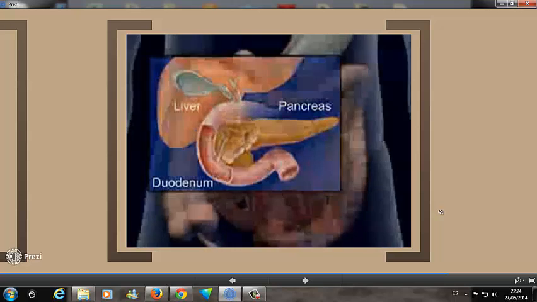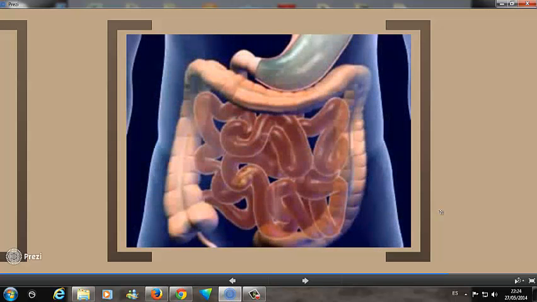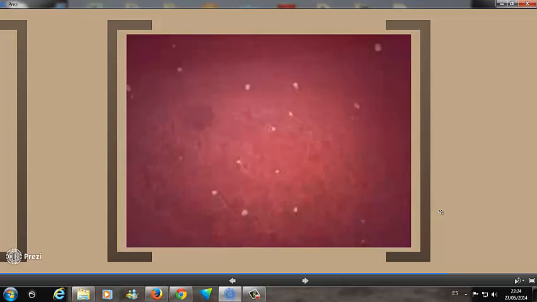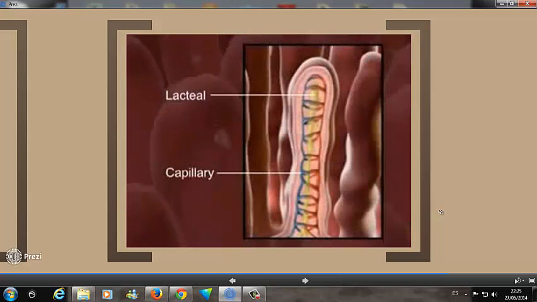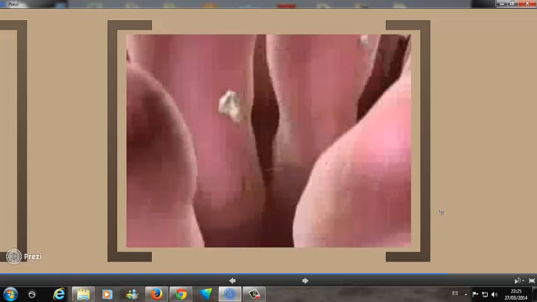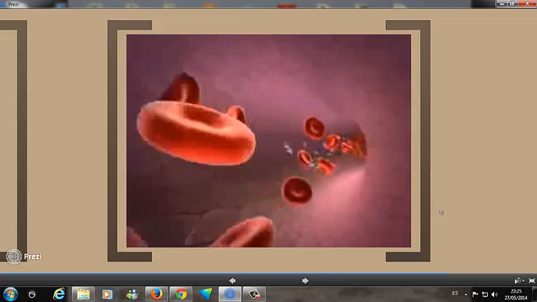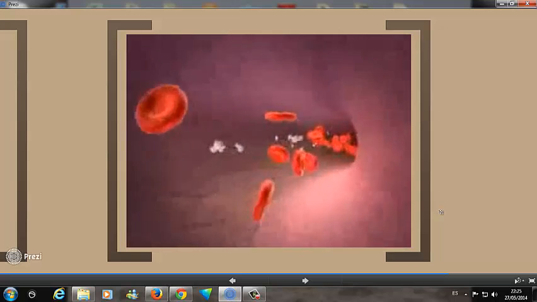This completes the chemical process of digestion. The walls are covered with villi where nutrient absorption takes place. The structure of each villus contains a capillary and lacteal to pick up the digested nutrients. The nutrients are now transported by the blood to all the cells of the body.